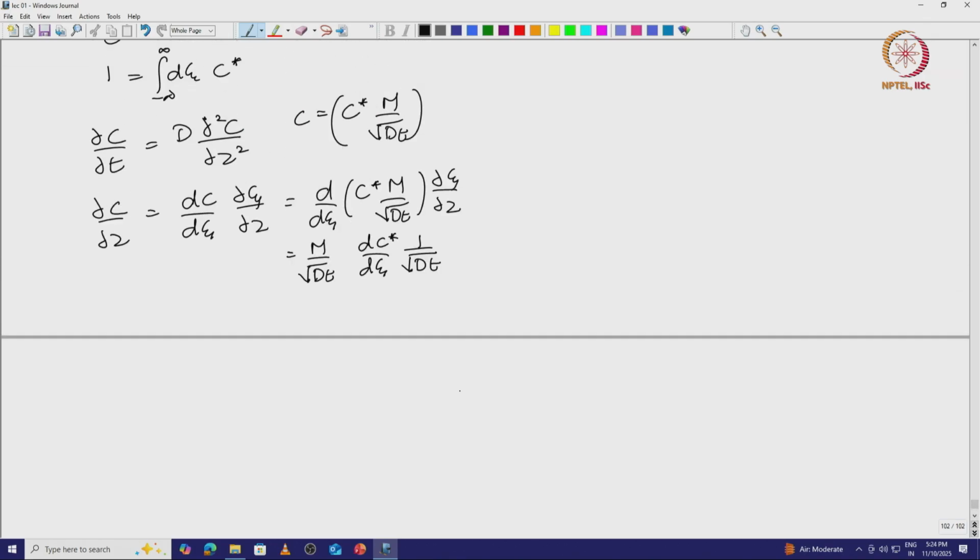Similarly, for partial square C by partial z square, when I take a second derivative I get one more factor of 1 over root dt coming out. So, this will be equal to m by dt power 3 halves d square C star by d psi square.